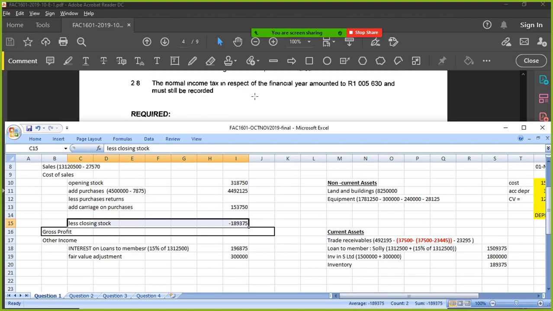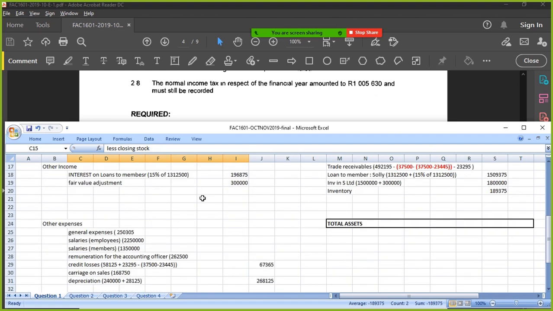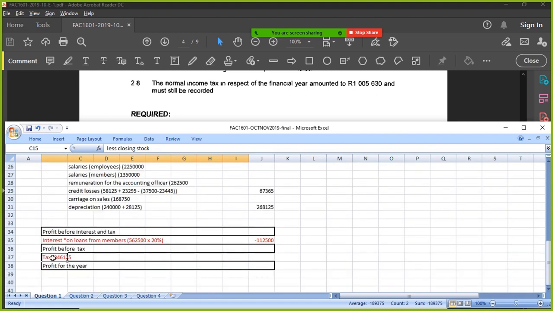Perfect. Next, the normal income tax in respect of the financial year amounted to that and must still be recorded. So what was the actual tax? The tax was that, so there is going to be an accrual. This will obviously be a liability. You'll have a SARS liability because the normal tax was more.